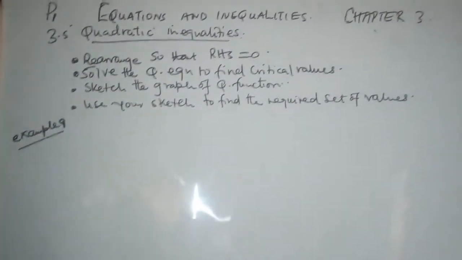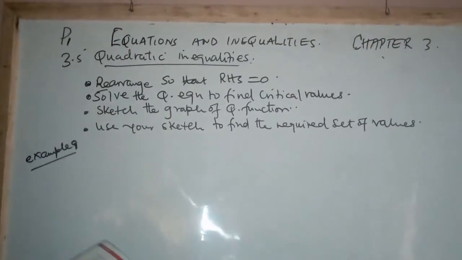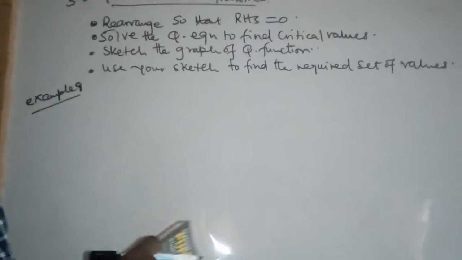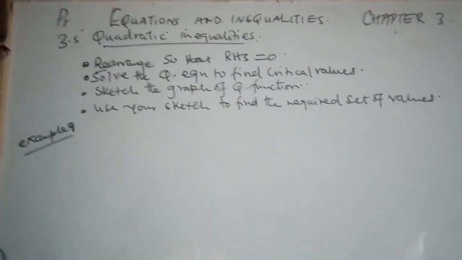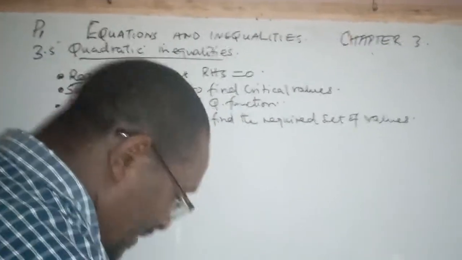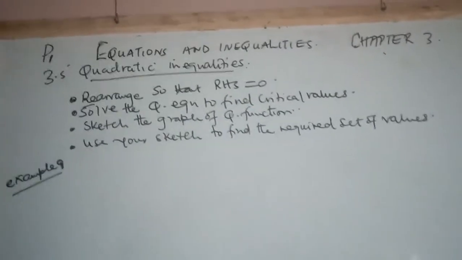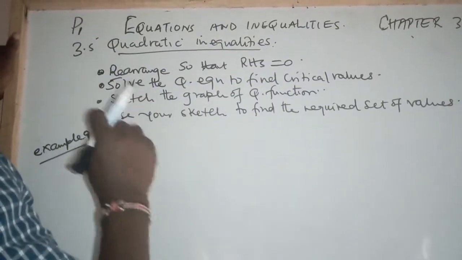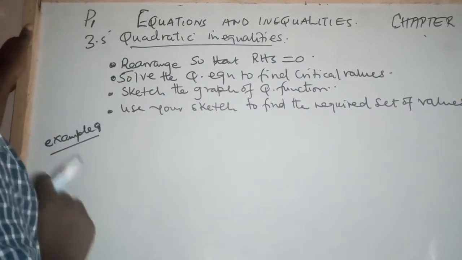Well, under 3.5, we are supposed to learn how to sketch quadratic inequalities and solve quadratic inequalities. Before we get to example 9, we are supposed to understand a few things: solving quadratic inequalities means we are not looking for a specific value of x.